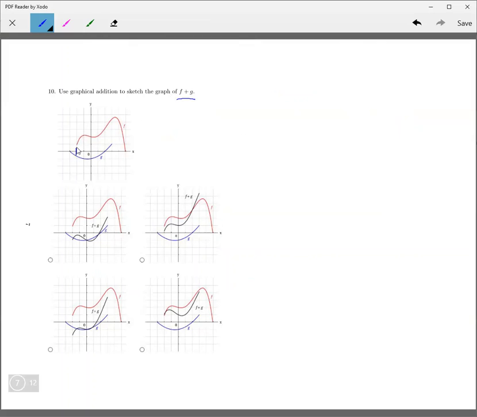So that means that the domain is going to go from here to here, because even though g extends further, f doesn't. So you can't add. And then even though f extends further over here, g doesn't, so the domain has to end right there. So it's going to go from -2 to 3, if those are what it looks like, okay?